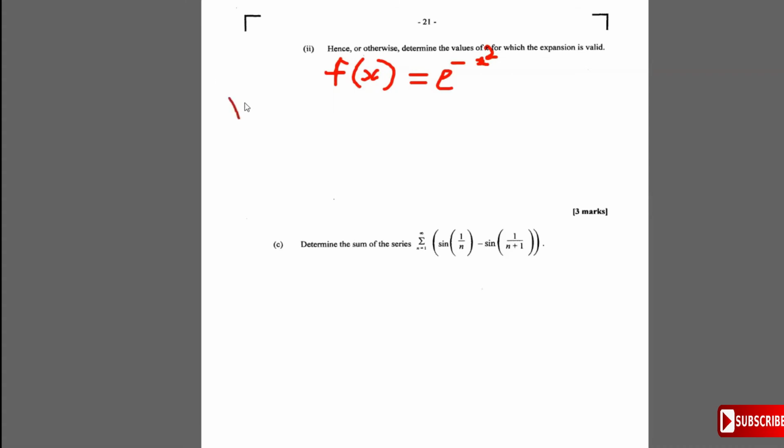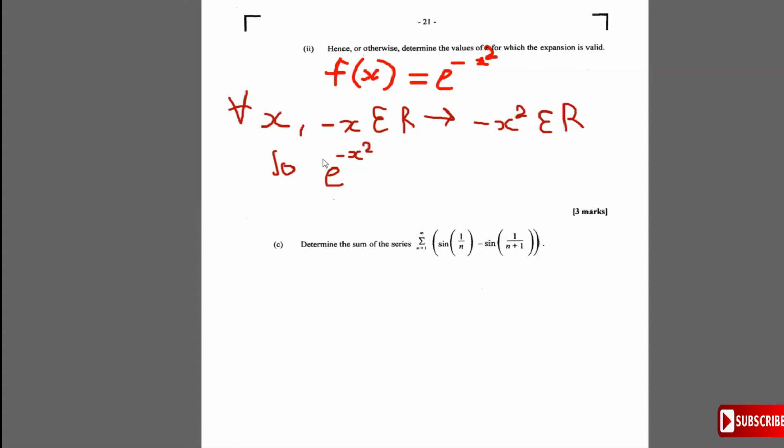So this symbol means for all x, minus x is an element of the reals, which implies that minus x squared will also be giving you some real number, and so e to the minus x squared will most likely be valid as well.